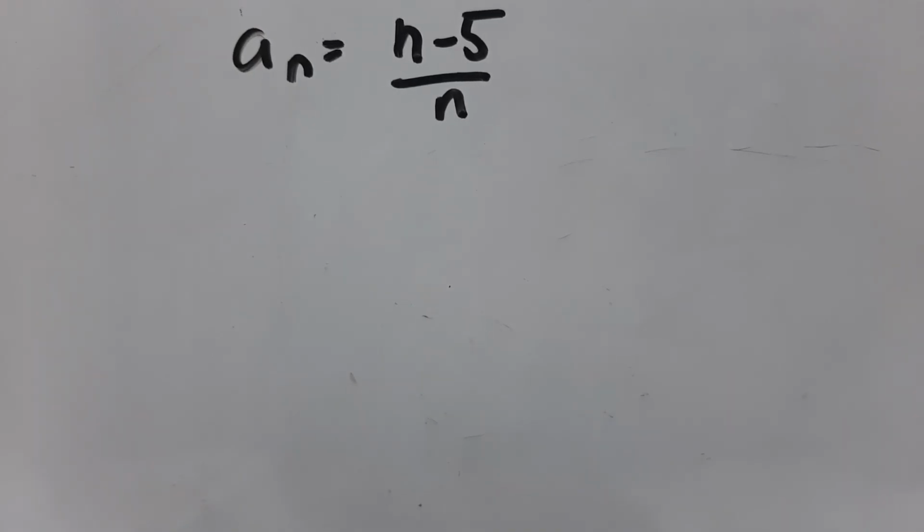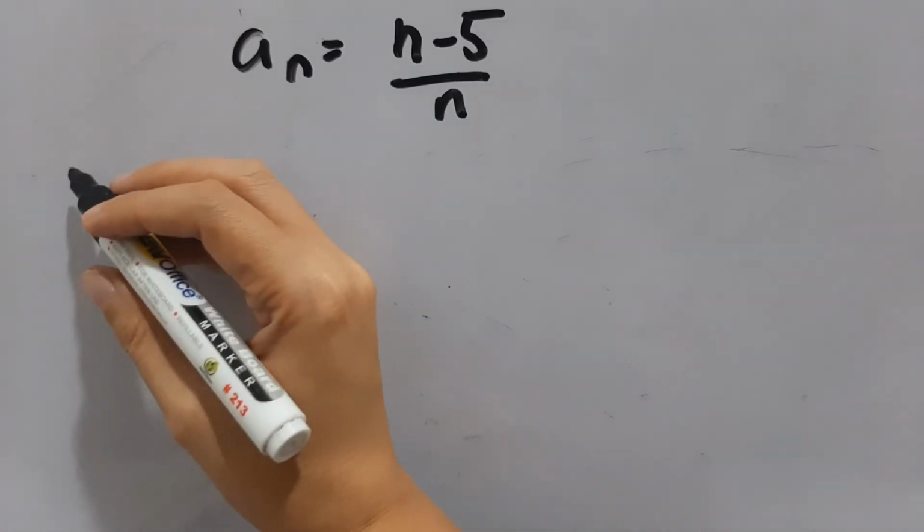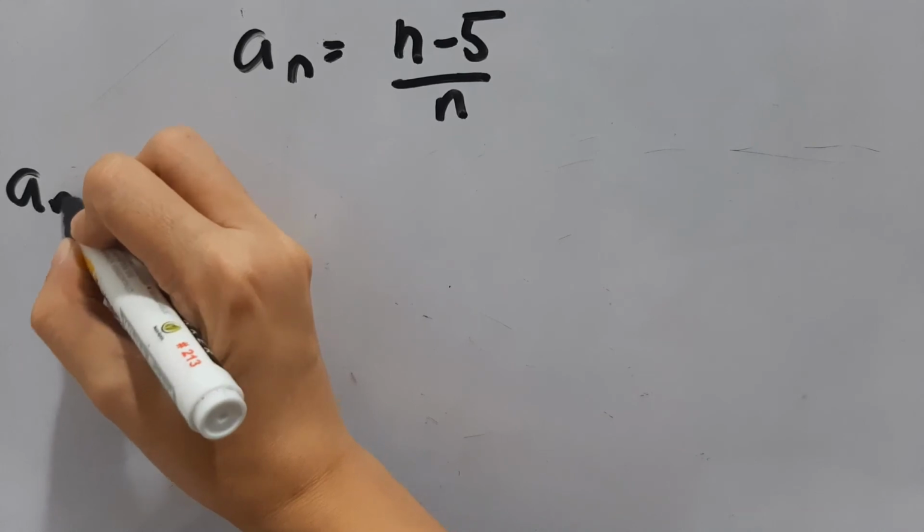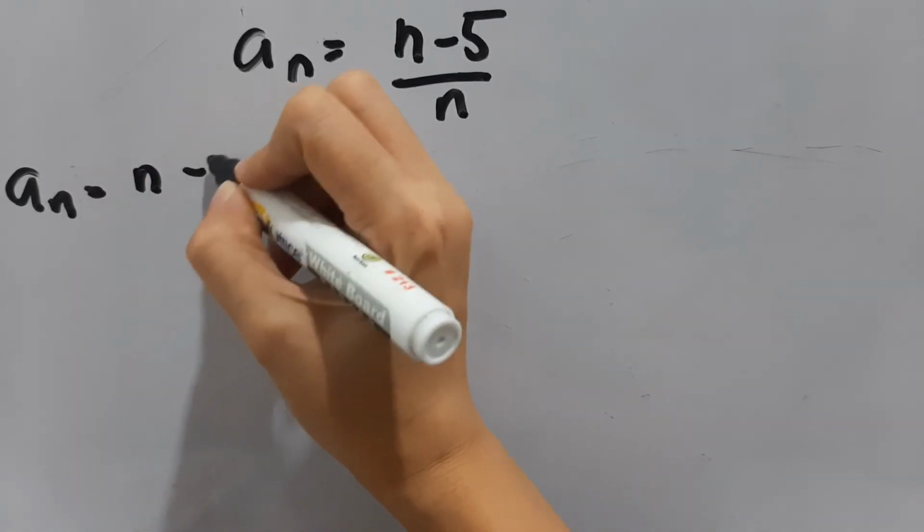Okay, the next formula is a sub n equals n minus 5 over n. So let's solve for the first term. Copy the original formula.